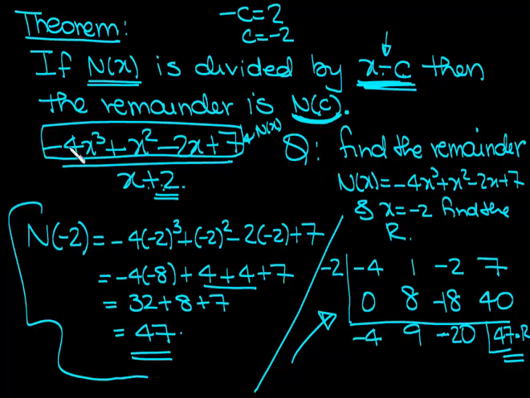So in this case, if I divide this polynomial by this, then the remainder is just n of negative 2. That's my remainder. I should have put an r here. So there's my remainder. Okay. Remember, this is x minus c. I was dividing by x plus 2, so c is actually negative 2. Okay, so this is negative 2. You see that. And we could have also done synthetic division and found the remainder too.